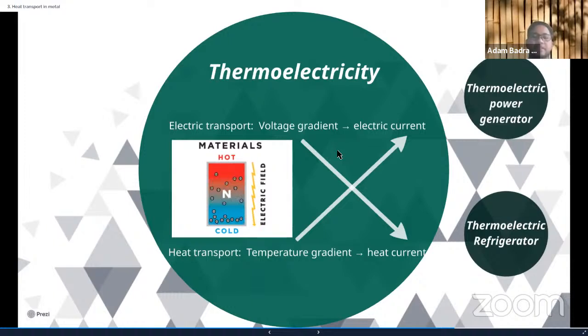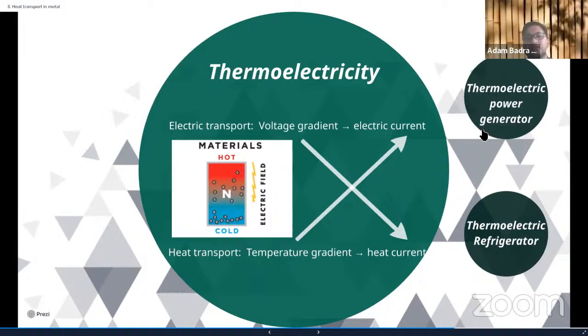There are other things that follow. The most important thing is the heat. So heat transport will also follow electric transport, and it's called the thermoelectric effect, thermoelectricity. Even though it's undesirable in a laptop or in any electric appliance in your home, it has some usage.